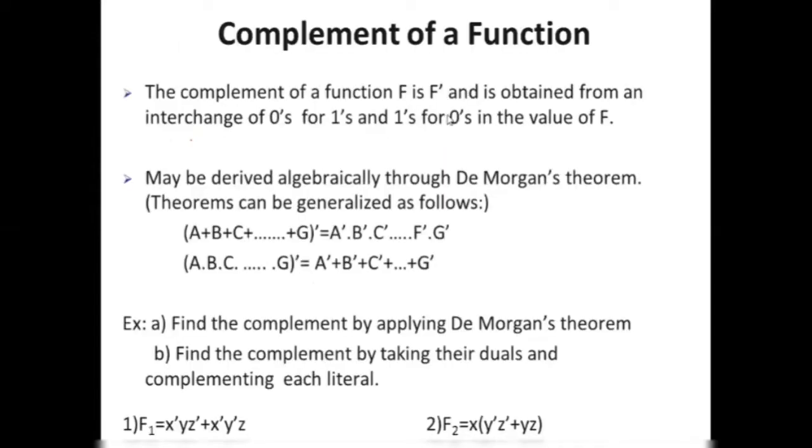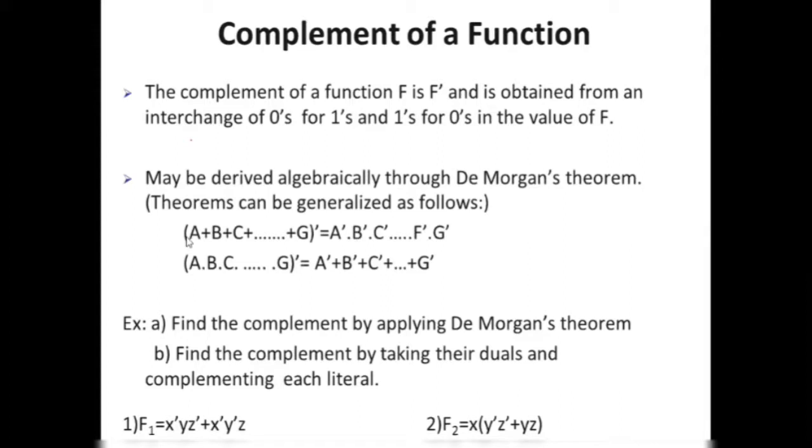Now we are going to talk about the complement of a function, and how we can convert a Boolean function into its complement. Here, De Morgan's theorem is really important. This is the general form of De Morgan's theorem. It's better if you write this down and try to understand what is really happening here.